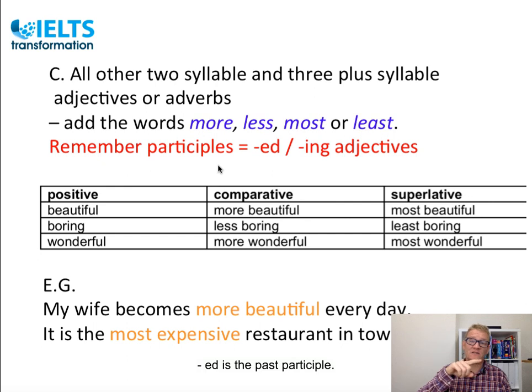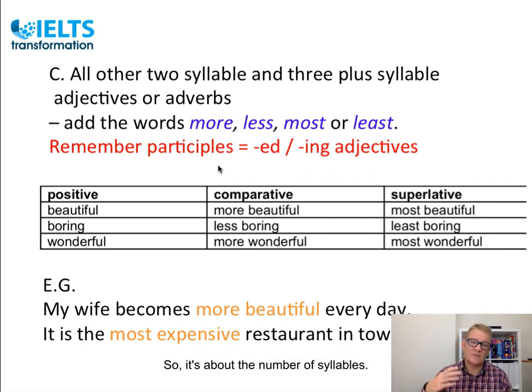Ed is the past participle, ing is the present participle. So with all of these, we're going to use more or less, most or least. My wife becomes more beautiful every day. True. It is the most expensive restaurant in town.